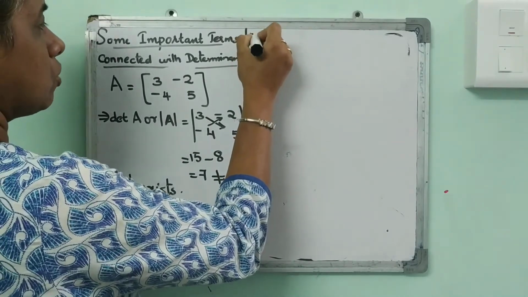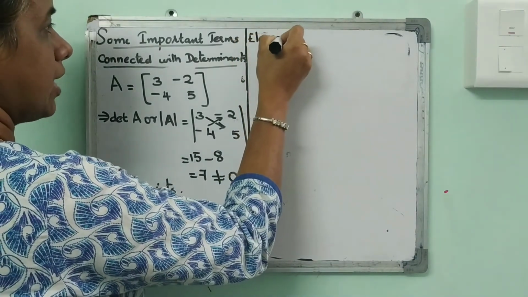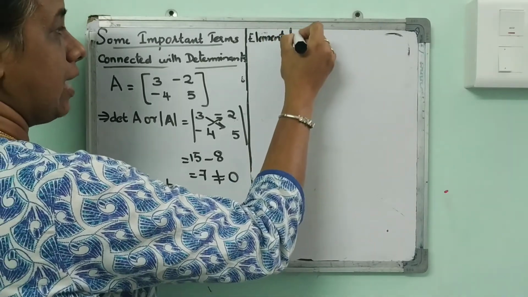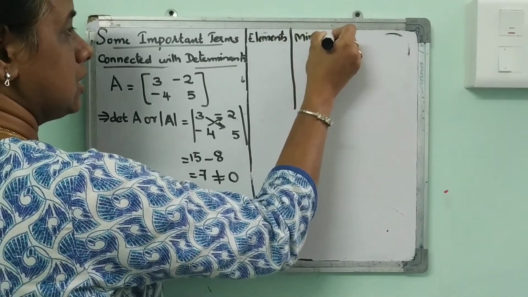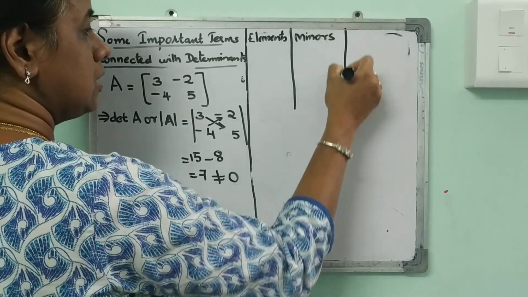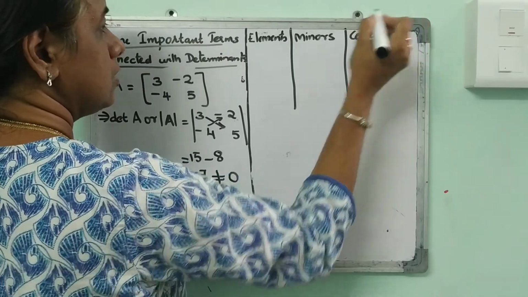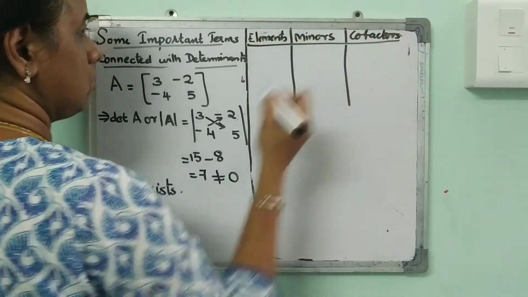So I will put it into columns. First column is for elements. Then we have it for minors. Then we have it for cofactors. Let me put it into 3 columns.